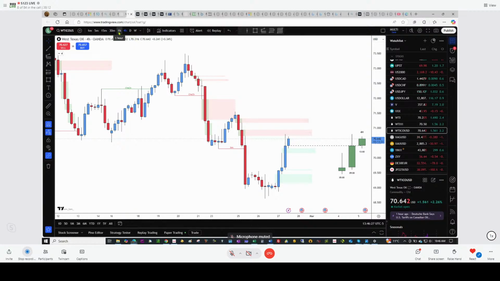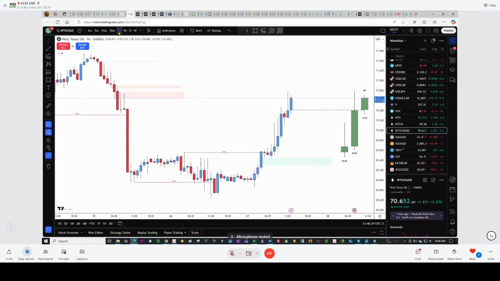Omar, looks very good. There's a nice 1, 2 here, and a big strong move. So the likely target is up at these highs. Oh, so because you had that sweep there, you at this point?